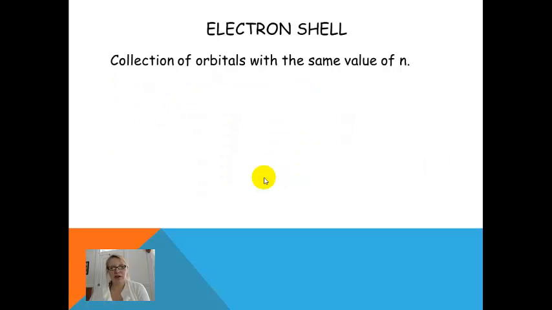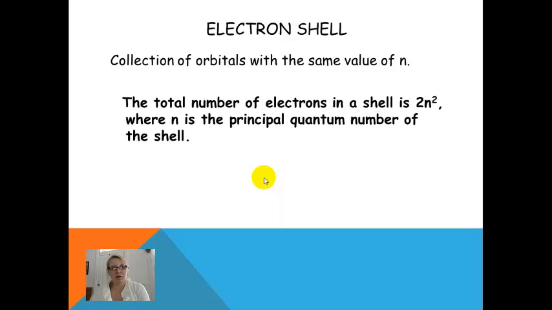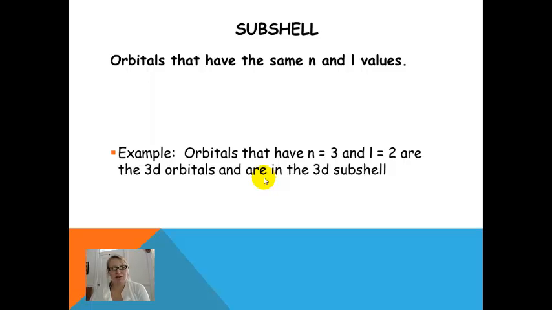An electron shell is when you have all the orbitals with the same value of n, so all the orbitals in the same energy level. The total number of electrons in a shell is 2n squared, where n is the principal quantum number of the shell. A subshell is orbitals that have the same n and L values, so the same energy level and the same orbital type.